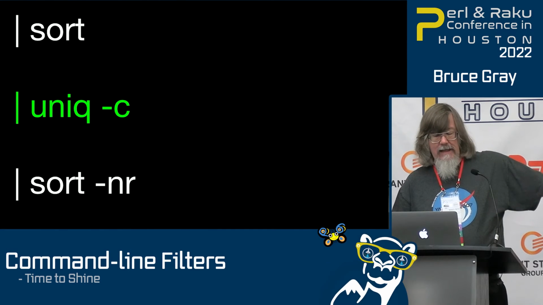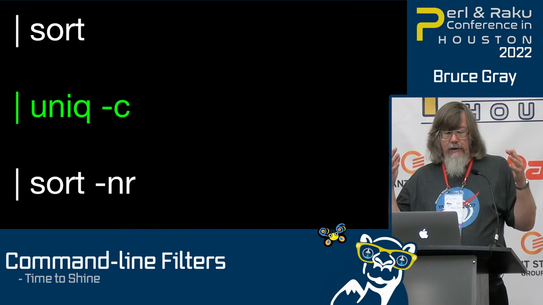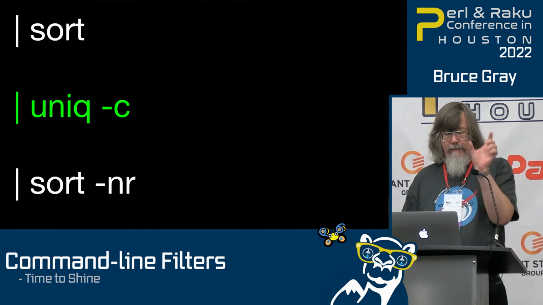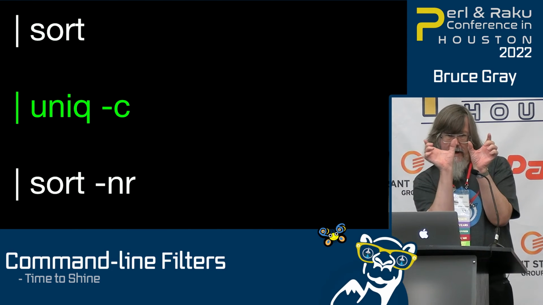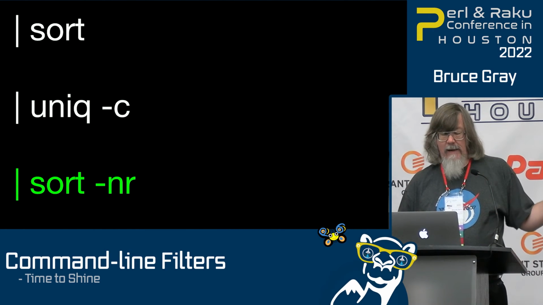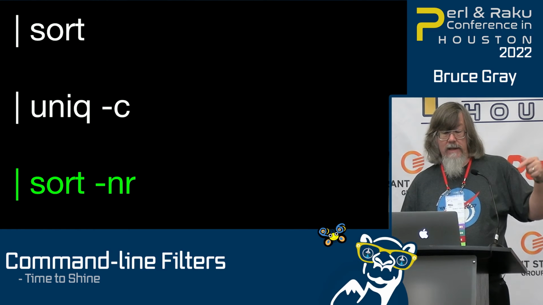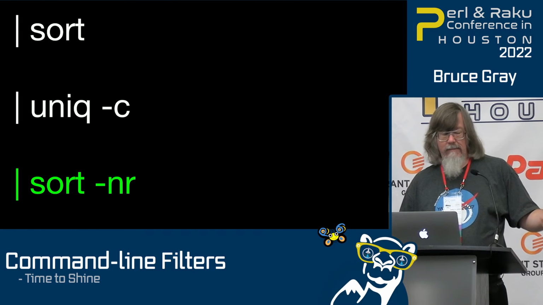The -c puts a count to the left of the line. So if a line occurred 5 times, you get 5 and then the copy of that line. And that gets piped to sort again with a flag to sort numerically on the first field, which was the counts that we just put in, in reverse order.